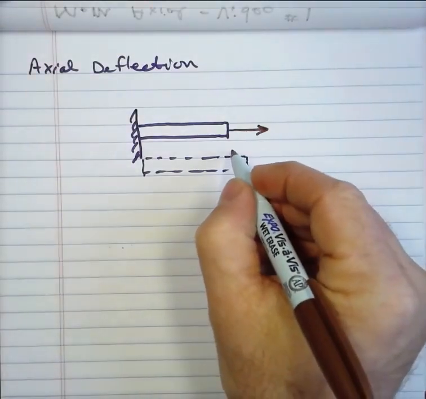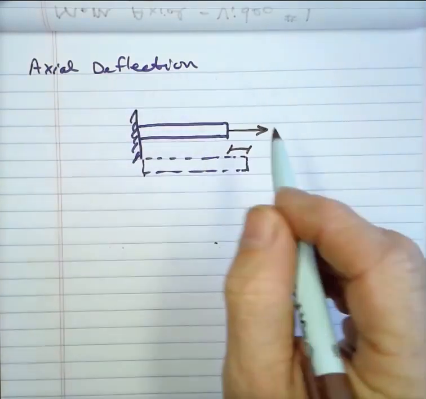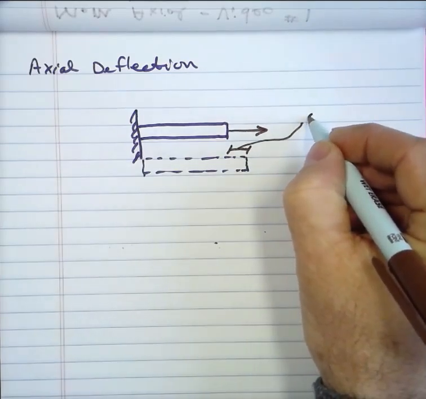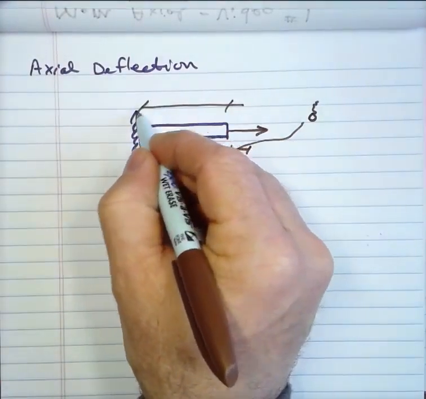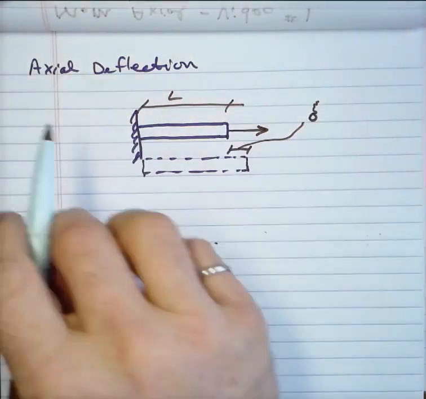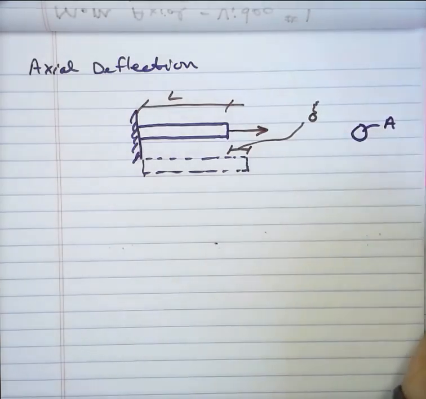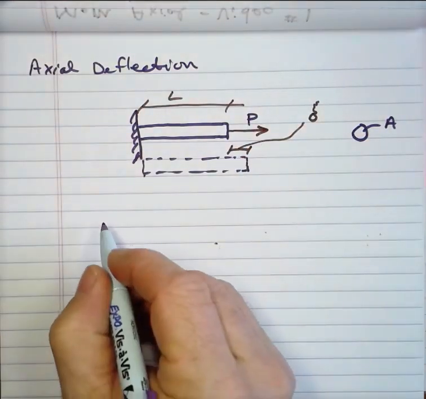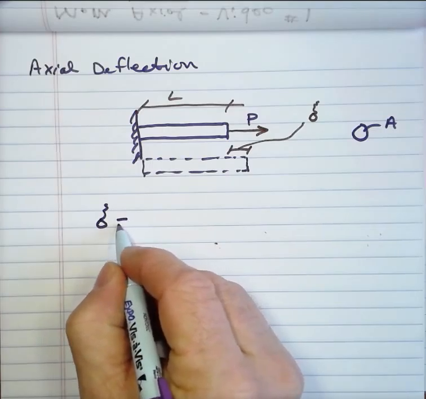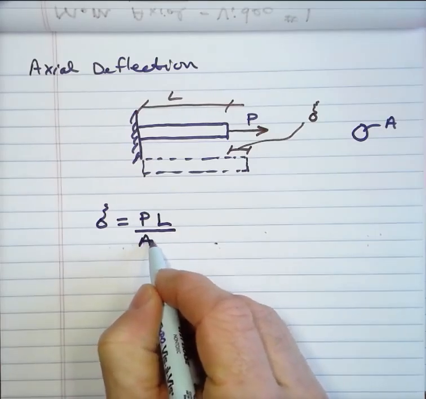We call this amount it got longer the deflection. And we use the lowercase Greek symbol delta. If our object had an original length of L, a cross-sectional area of A, had a force applied P, then the equation for delta is PL over AE.